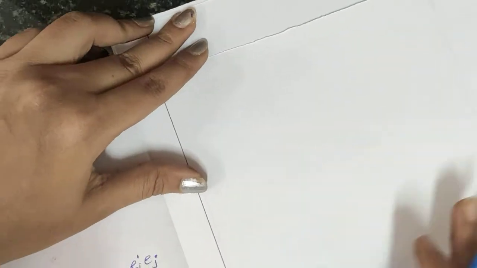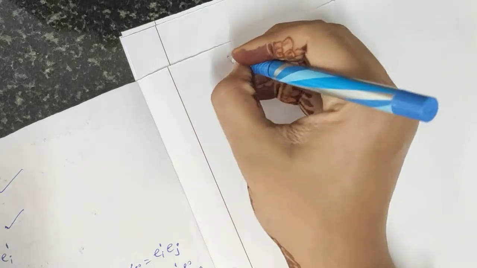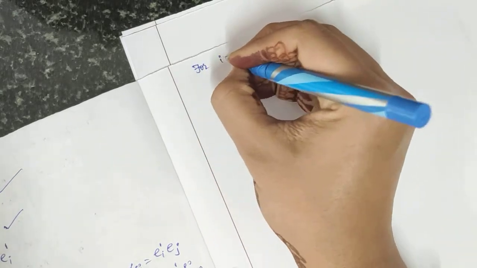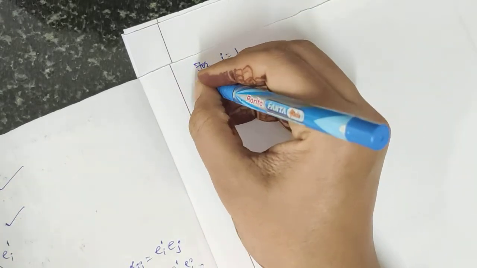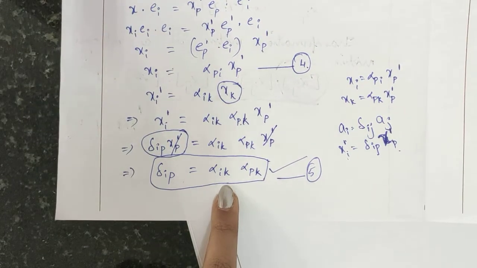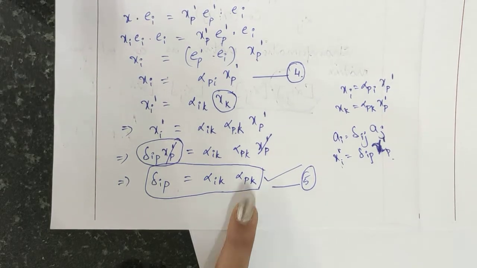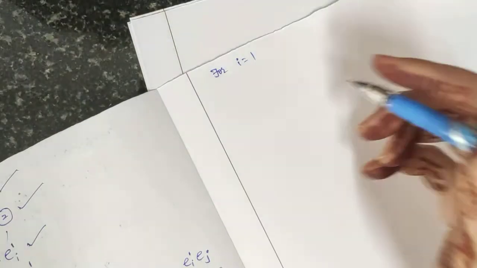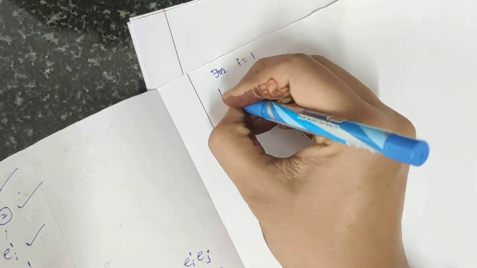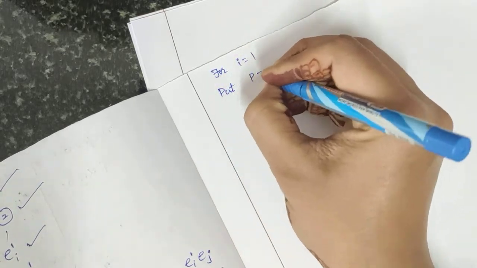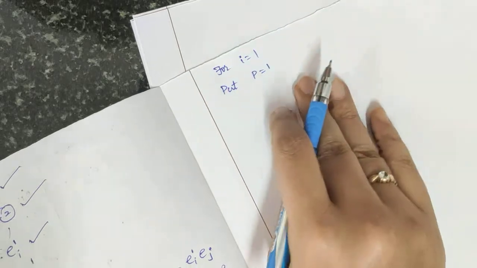Now let's deal with the cases. So for i is equal to 1, here you can observe k is a dummy suffix, i and p are the free suffixes, right? So for i is equal to 1, I will consider p is equal to 1 in your equation number 5.